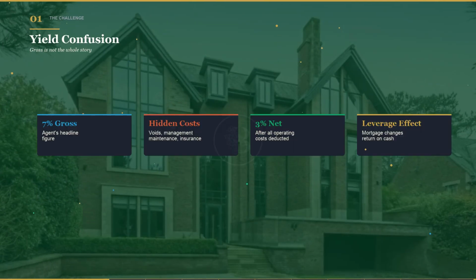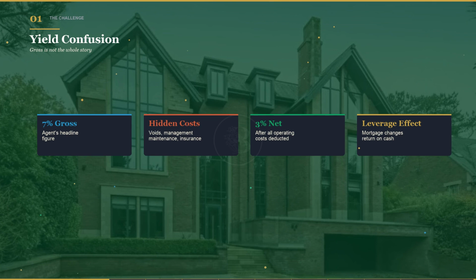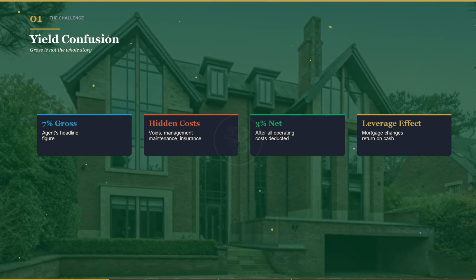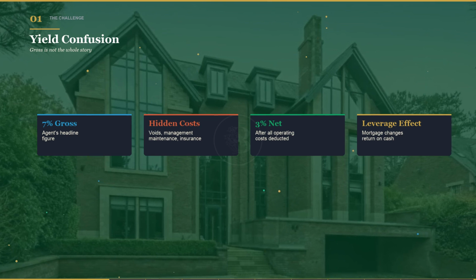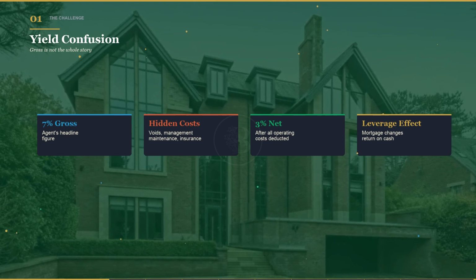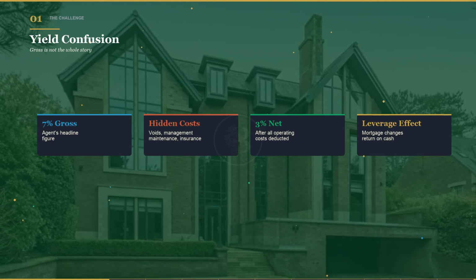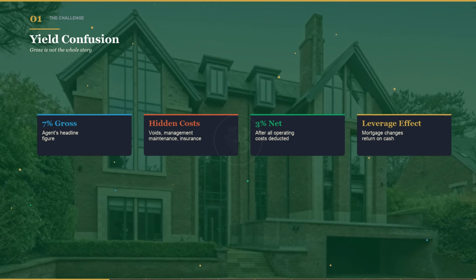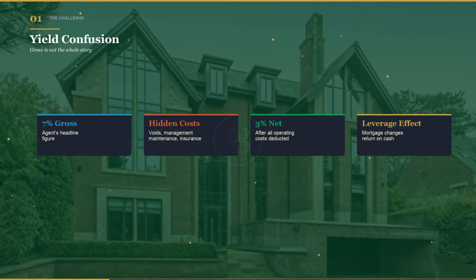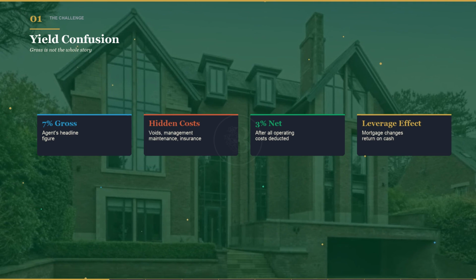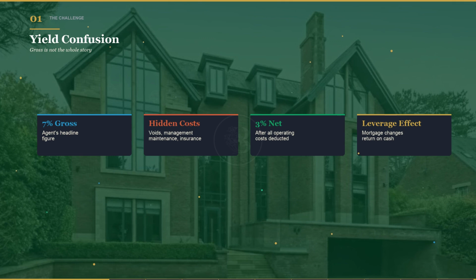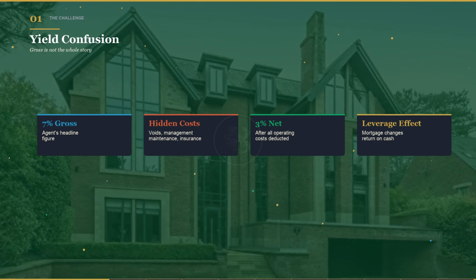Rental yield is the single most important metric for buy-to-let investors, yet it is routinely miscalculated. Estate agents quote gross yield, annual rent divided by purchase price, which ignores every cost of ownership. Void periods, management fees, maintenance, insurance, ground rent, and mortgage payments all erode your return.